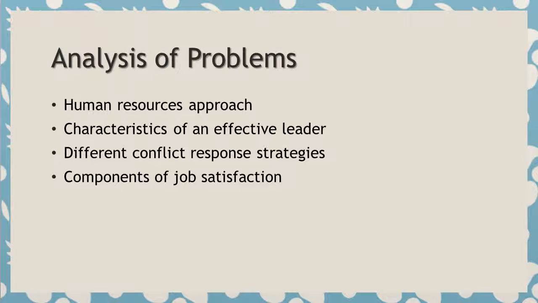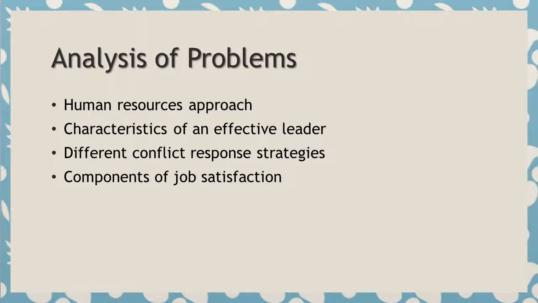One theory that I used to analyze the problems includes the human resources approach. And as we know, a few characteristics of this approach include participative management, openness and trust, and just more communication. And clearly, this team is experiencing the opposite. It's centralized power.